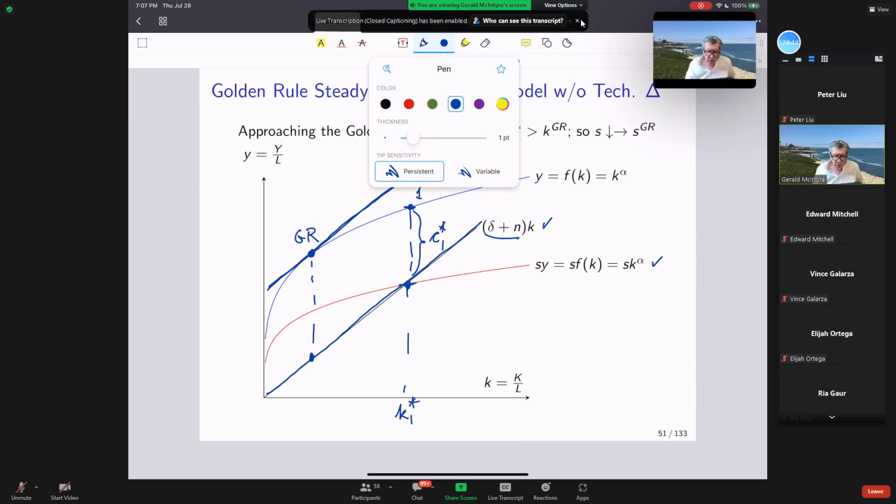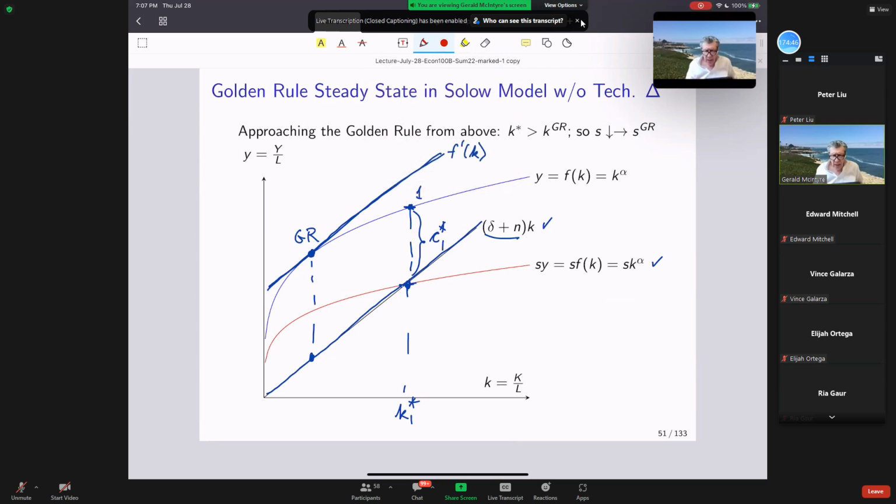And there's a special savings rate that goes through that point, and it's alpha. And so in this country, they should reduce their saving rate. And when they reduce their saving rate, they will shrink back here.